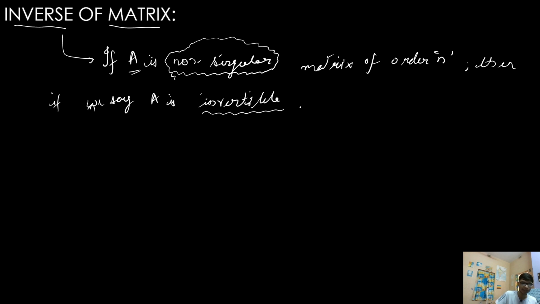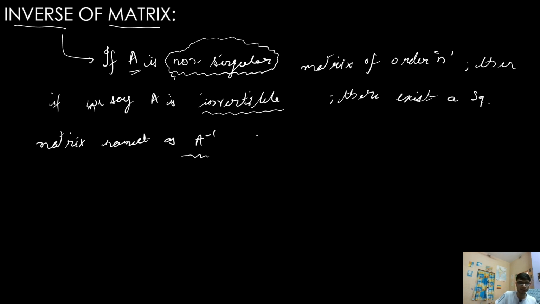Then we say A is invertible, and there exists a square matrix, let us name it A inverse, of the same order, such that A into A inverse is equal to the identity matrix.